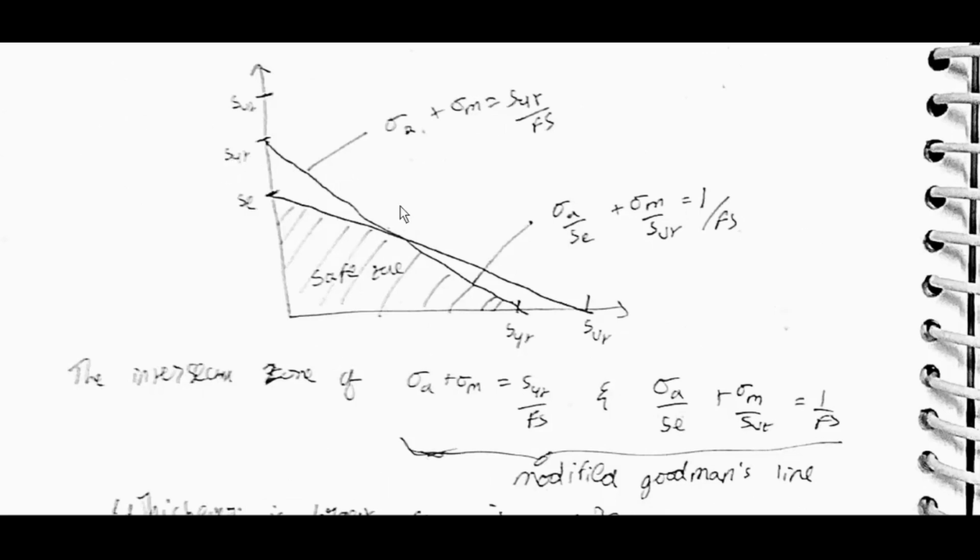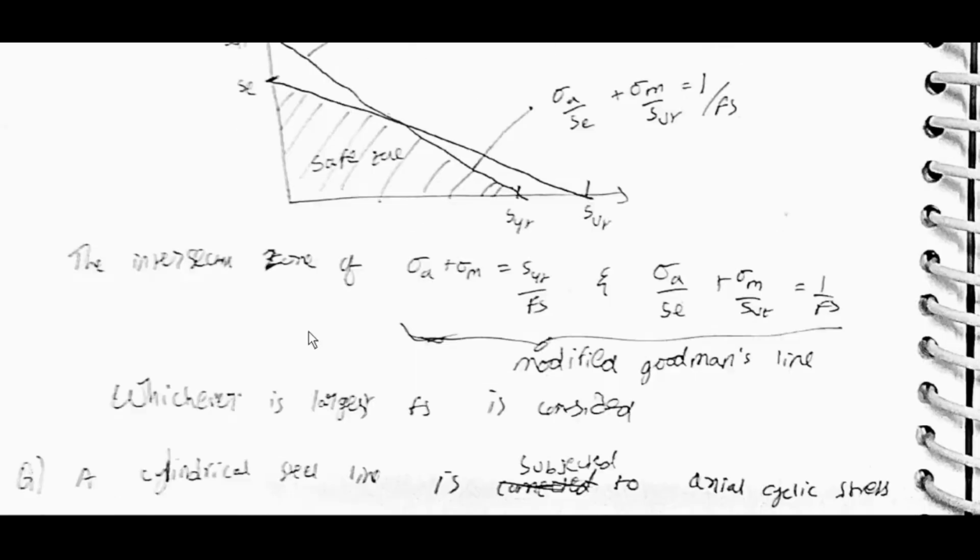Syt will be above; sigma A by Sc plus sigma M by Sut is equal to 1 by Fs. Inside both is the safe zone, the intersection zone of sigma A plus sigma M equal to Syt by Fs and sigma A by Sc plus sigma M by Sut equal to 1 by Fs. For the modified Goodman's line, whichever gives the largest factor of safety is considered.